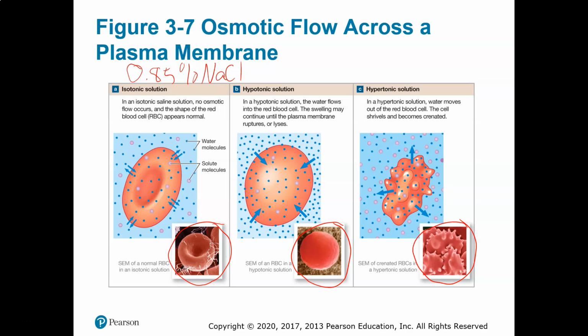In a hypotonic solution, there's way more water outside the cell than in. For example, if the cell were placed in a 0% salt solution, such as distilled water, that would be hypotonic, and the water would enter the cell and it would swell and it could burst. That is called hemolysis.